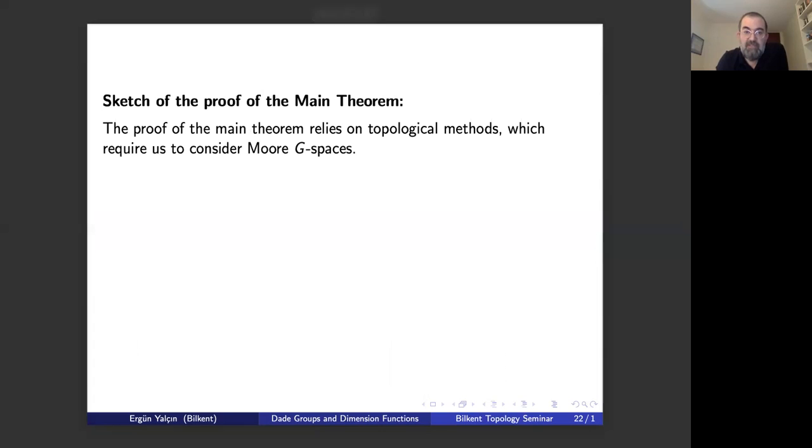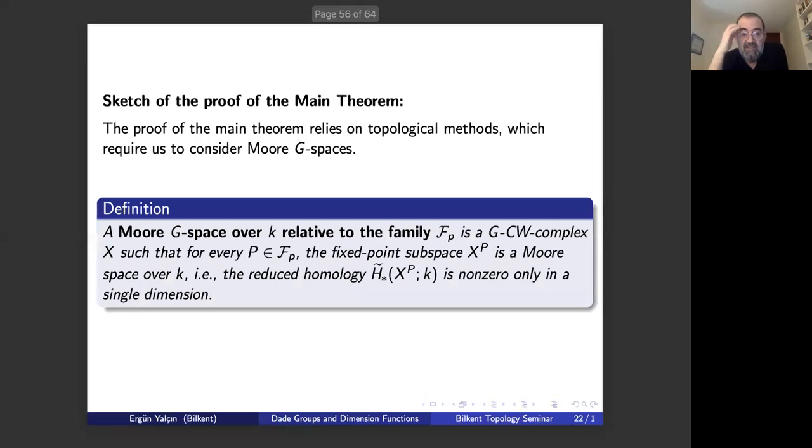The proof uses Moore G spaces. So these are G spaces such that for every p group, the p fixed point set is itself a Moore space.